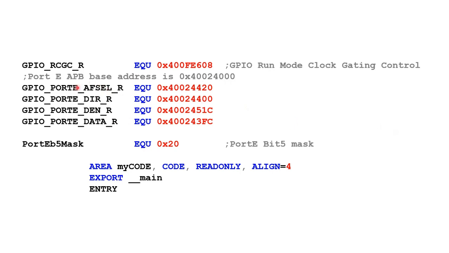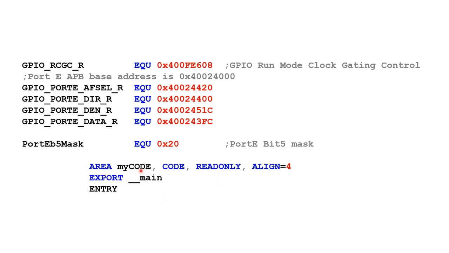If you want to work out the addresses of these registers, you need to refer to the datasheet for the offset and then add the offset to the base address to obtain the addresses of these registers. Here I've also included the mask for bit 5, that I call port E bit 5 mask, and the mask is 20 hexa.